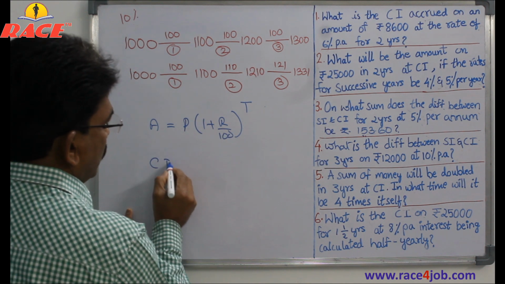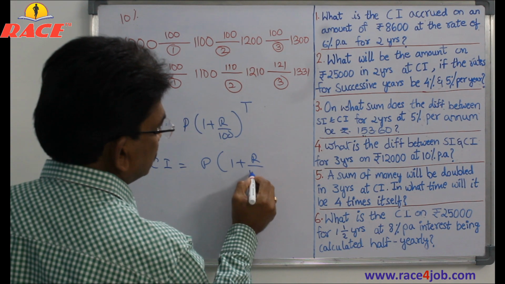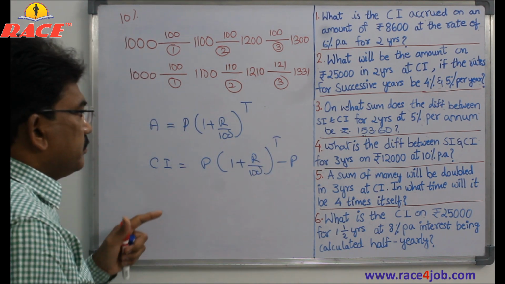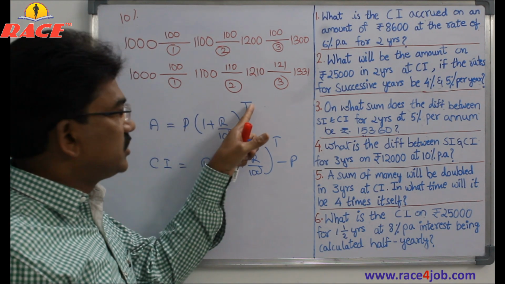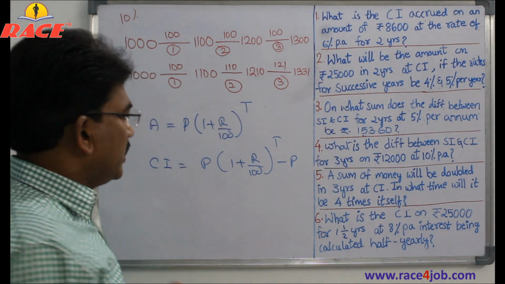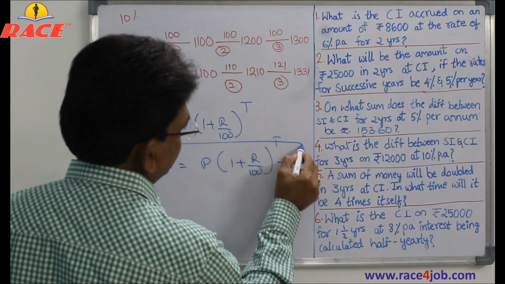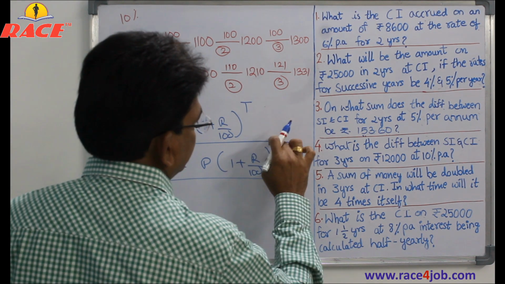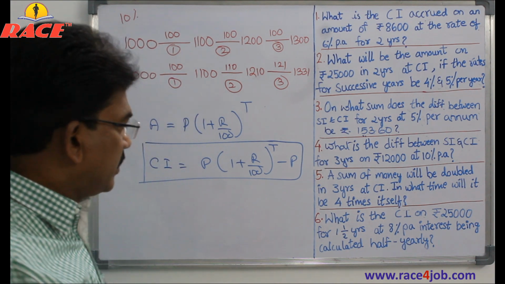So compound interest is P into (1 plus R by 100) whole power T, minus P, where P is principal, R is rate of interest, T is time period. It is like this. This is the compound interest formula.